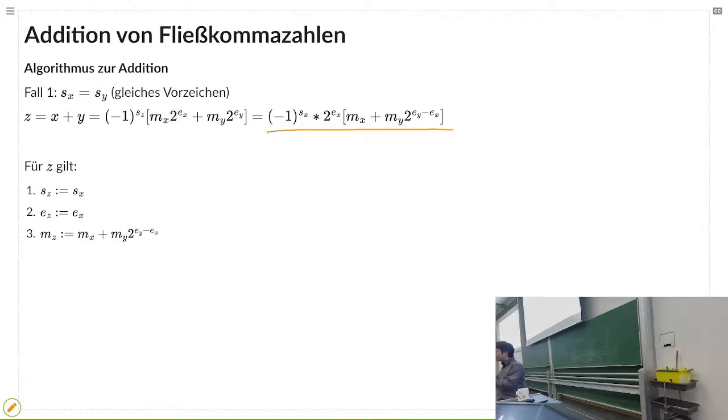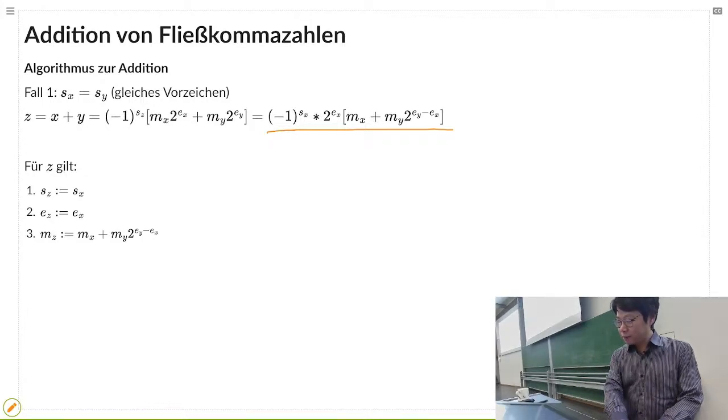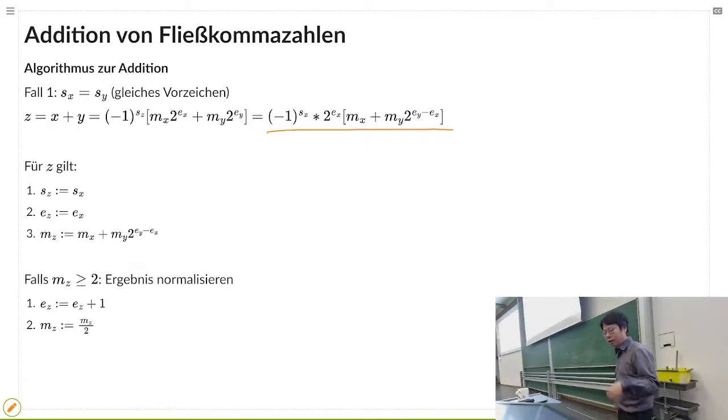Muss man genau gucken. Und wenn mz größer als 2 oder gleich 2 ist, müssen wir das Ergebnis normalisieren. Und diese Normalisierung kann man einfach machen: ez wird ez plus 1 und mz wird mz durch 2. Okay? Geht es? Addition ist einfach.